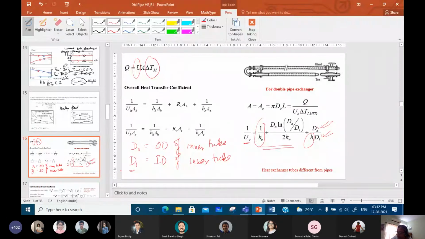So therefore, these basically refer to the heat transfer surfaces with which each of the fluids is in contact. So DO refers to the OD of the inner tube, DI refers to the ID of the inner tube. Agreed?